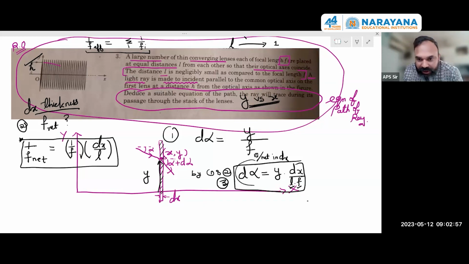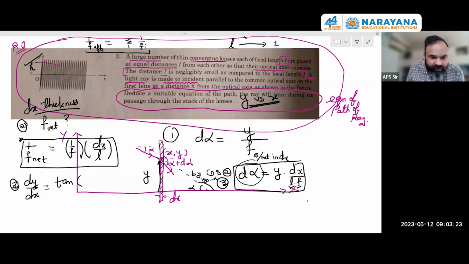So somehow I have to eliminate this term d alpha. Now I know that if I'm at a general point on a curve, I'll use the equation of the slope of the tangent. So dy by dx can be written as tan of, so if this initial ray would have been extended, its angle is alpha from this side. These are alternate angles. So this angle is 180 minus alpha.